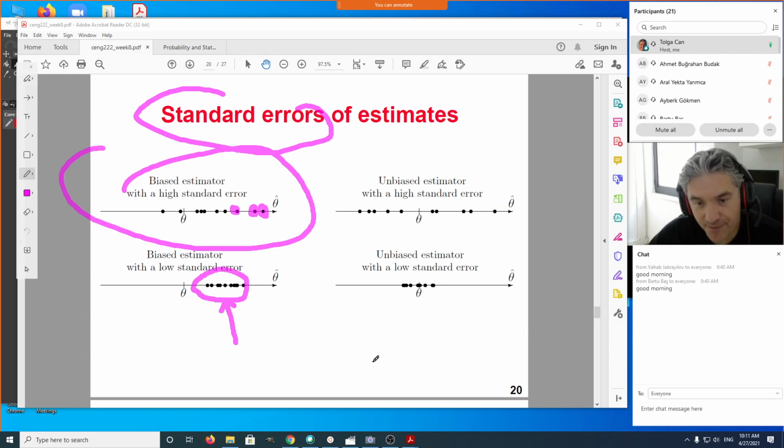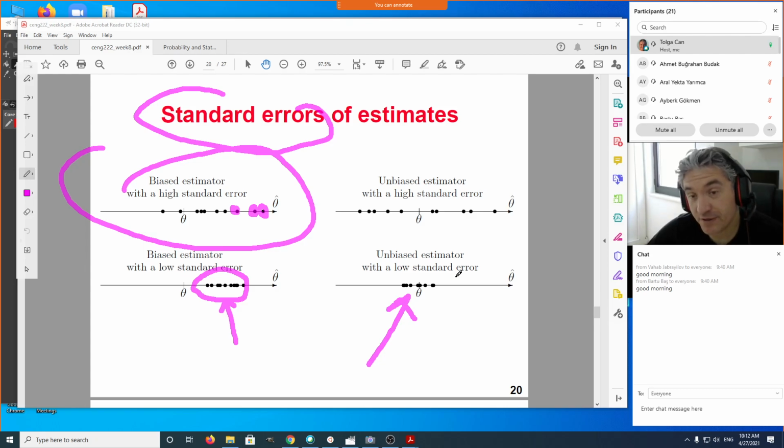The last figure here is our ideal estimator. We want our estimators to be like this, and this will be achieved when we have, for example, a large sample. When sample size increases, the standard error is going to decrease.